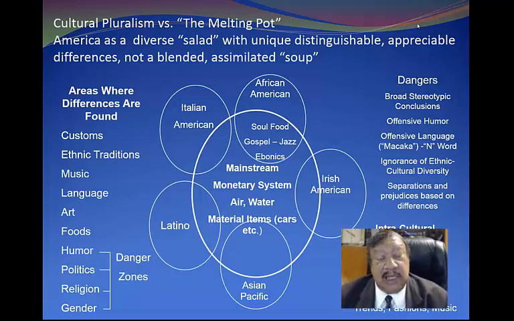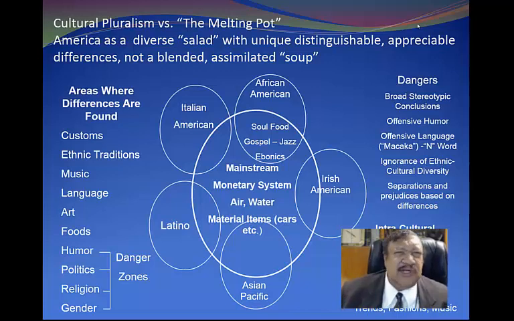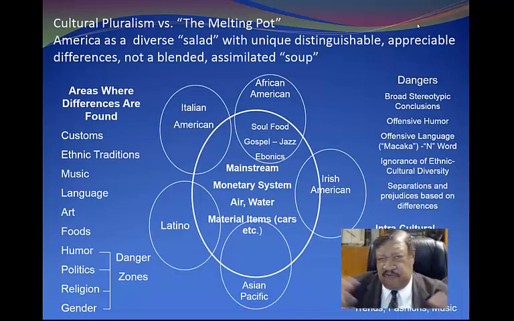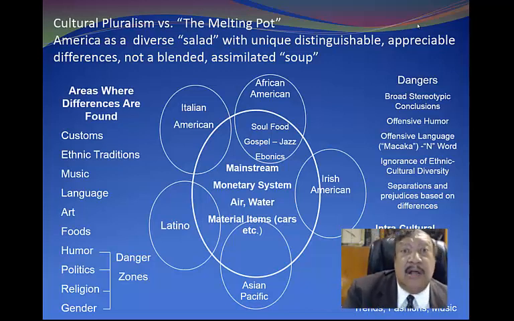In the Italian, you may have chicken cacciatore, chicken Murphy, that'll raise you up, kind of hot, very hot peppers. And then you could go, obviously, to Asian Pacific and have chicken in a multiplicity of different ways. So foods, well, how boring it would be if we just had one flavor representing America.